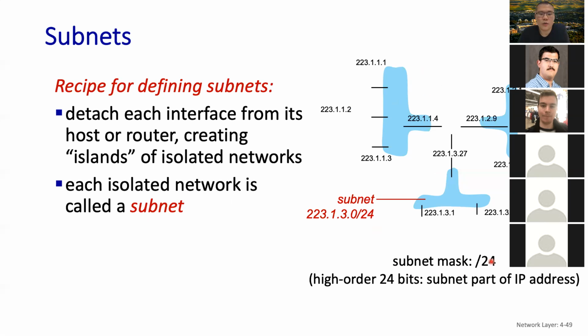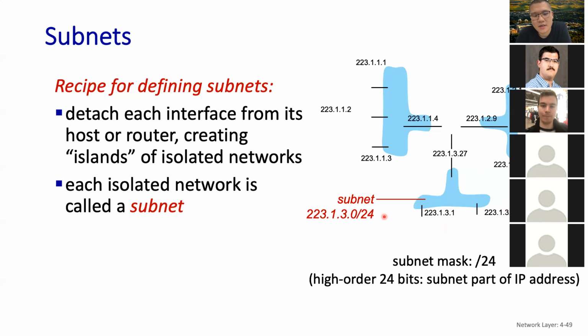I'll repeat: /24 means the first 24 bits within the same subnet are the same, and only the last 8 bits are different. We use those 8 bits to distinguish different devices within this subnet.